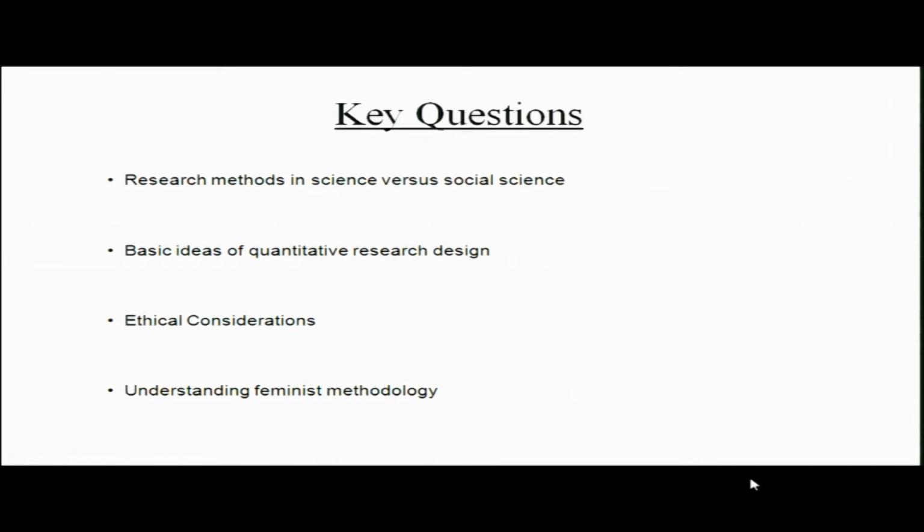Particularly in this lecture, I will give you some basic ideas about how to design quantitative research. So what are the basic parameters that you need to keep in focus when you are designing research using quantitative principles?